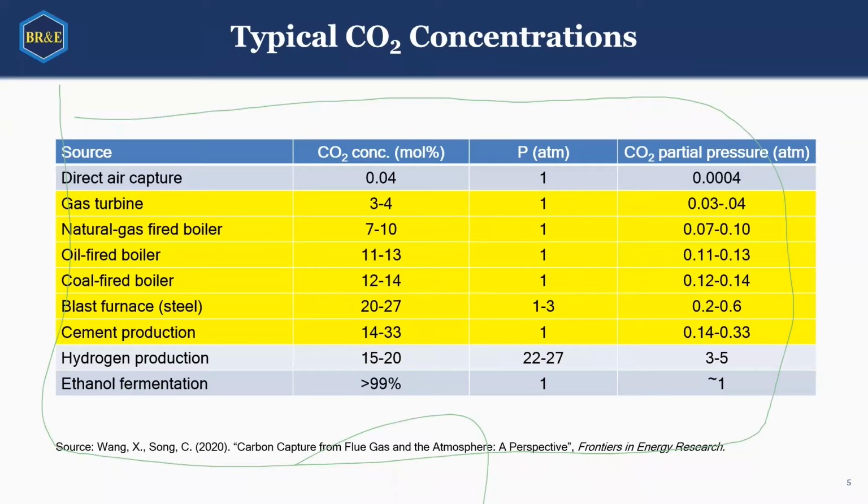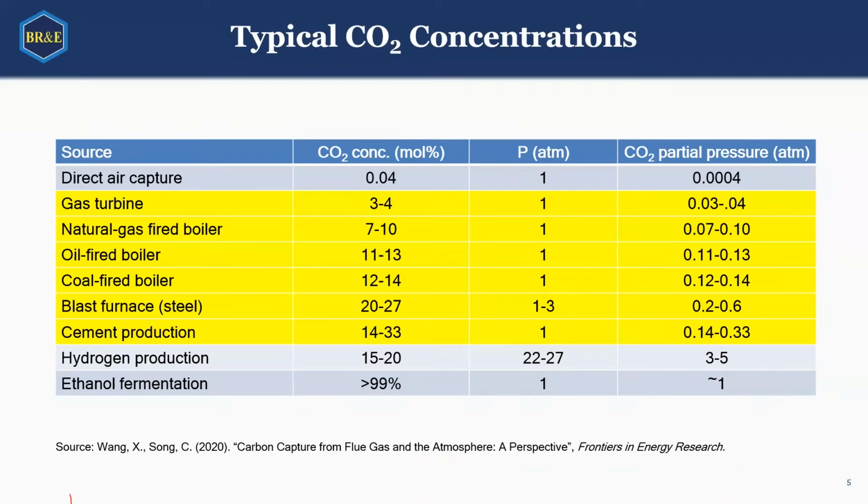The CO2 concentration varies, but what is important is the CO2 partial pressure. It is between 0.03 and 0.2 to 0.6, but it's still a low partial pressure. So once again, the force will be quite small in order to capture the CO2 out of these applications.